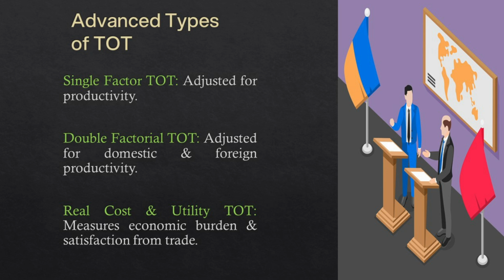Symbolically, TU is equal to TR into U. Here, TU stands for utility terms of trade, TR stands for real cost terms of trade index, and U stands for the index of relative utility of imports and domestically foregone commodities.